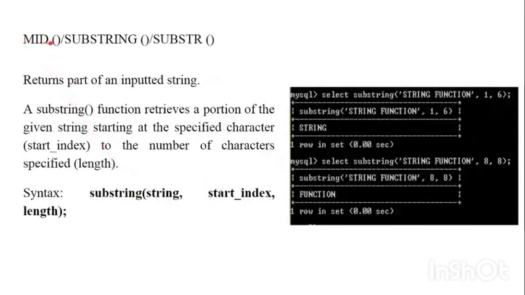Next is mid or substring or SUBSTR. It returns part of an inputted string. It produces the substring. A substring function retrieves a portion of the given string starting at the specified start index for the number of characters specified.